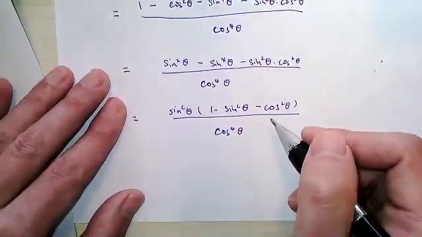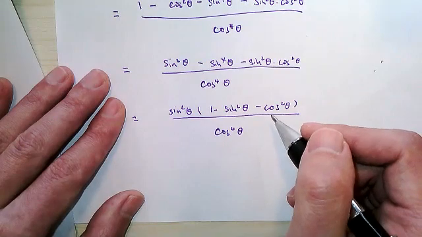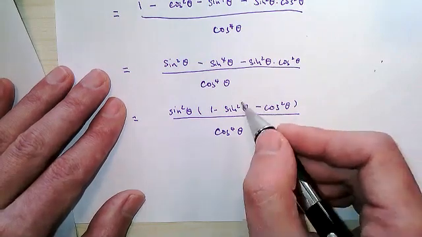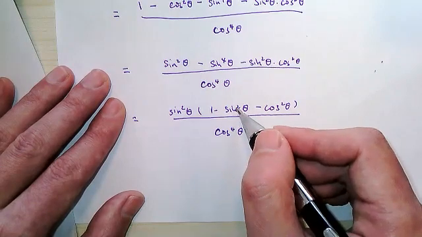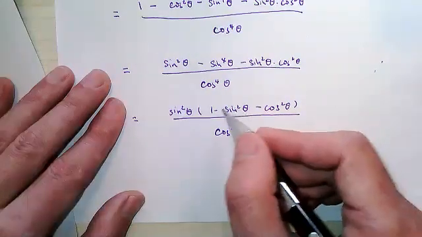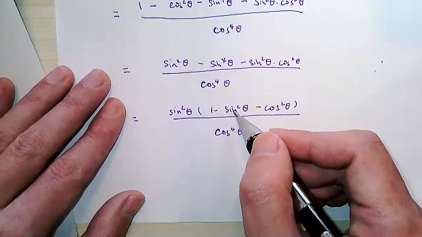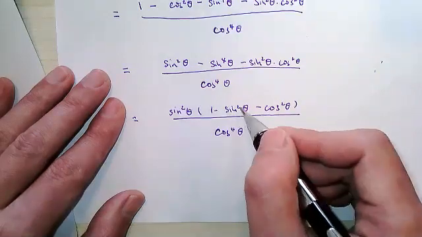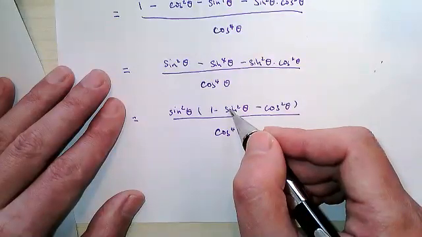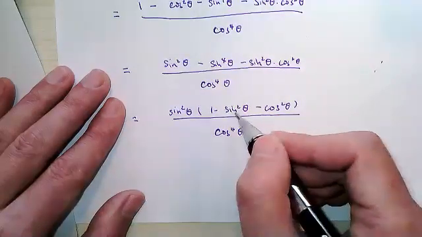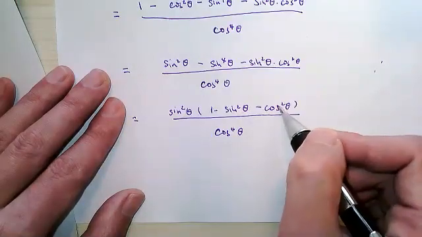Well, again, the Pythagorean theorem tells us something. Look, 1 minus sine squared theta. What is 1 minus sine squared theta? Any brave? Cosine squared. Yeah, cosine squared. So this part is cosine squared. Then we minus cosine squared again.